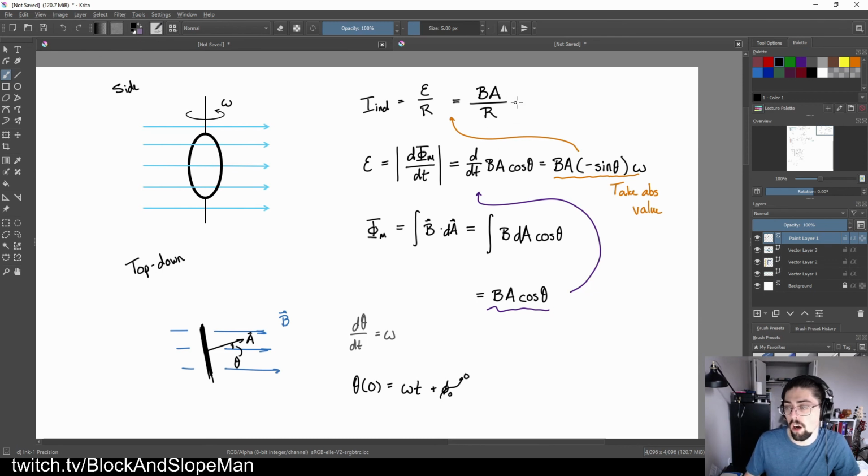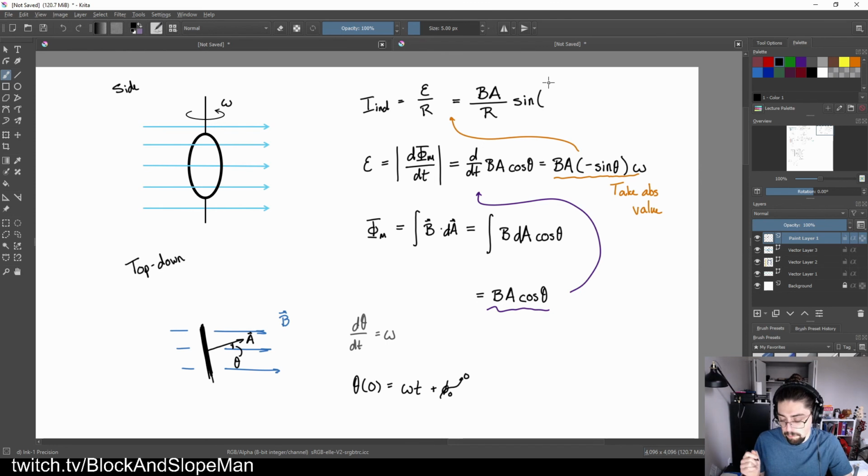BA over R times sine of, well, here's another trick. Let me slow down before I make a mistake here. Theta is not the only thing that might be negative. Sine itself goes back and forth between 1 and negative 1.